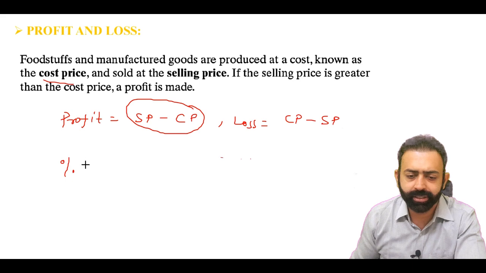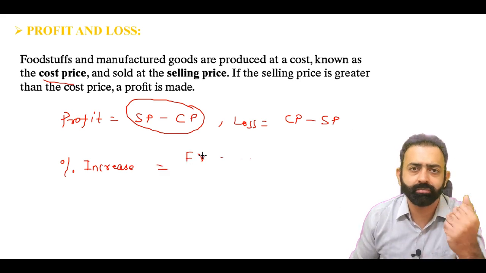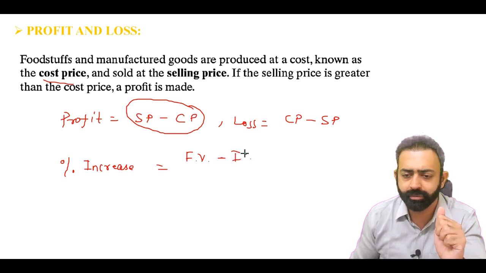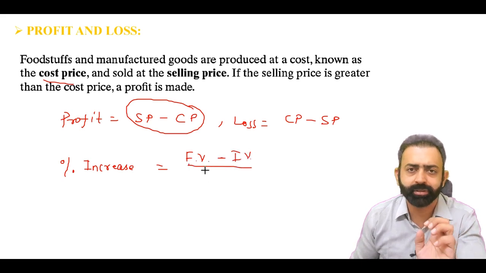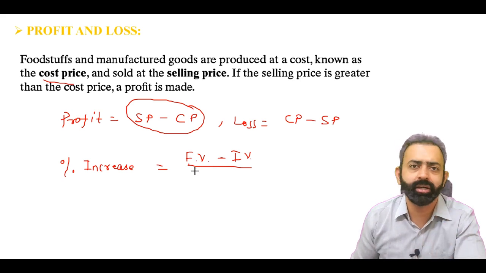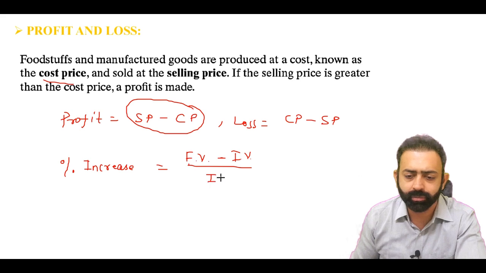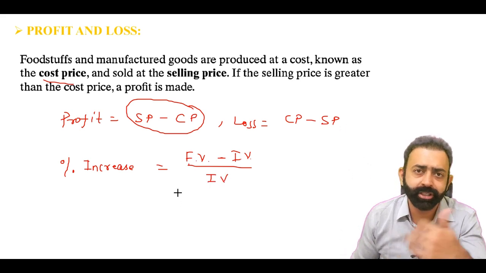We say that percentage increase is the final value of a certain item minus the initial value. This percentage increase or decrease will always be calculated on the initial value, meaning as a percentage of the initial value.